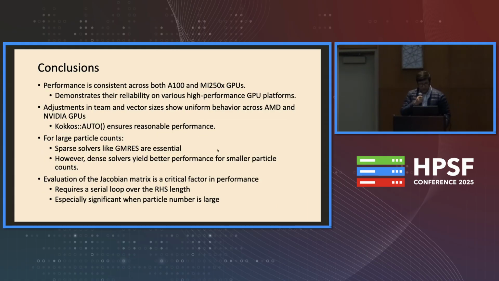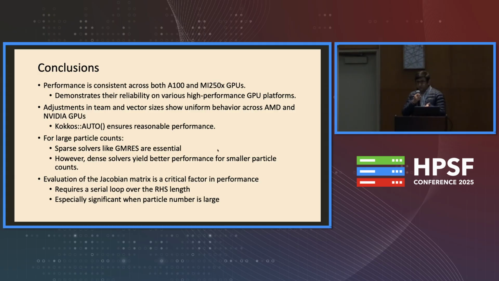Finally, what we learned from this exercise is that we get similar performance on the AMD and the NVIDIA GPU. Kokkos Auto gives us good performance if we use batch size equal to 1, which is important for us because we do a lot of testing using just one sample.